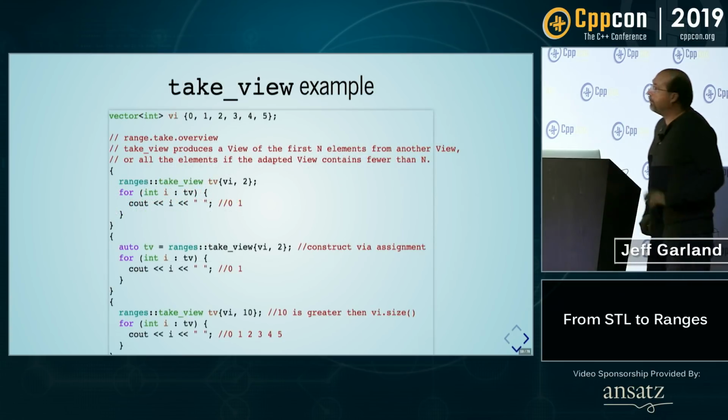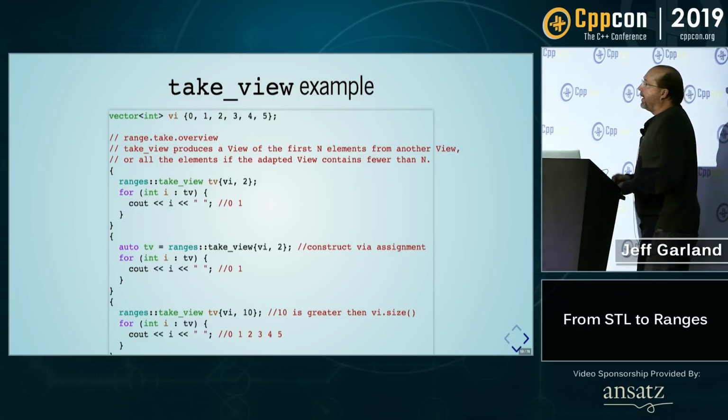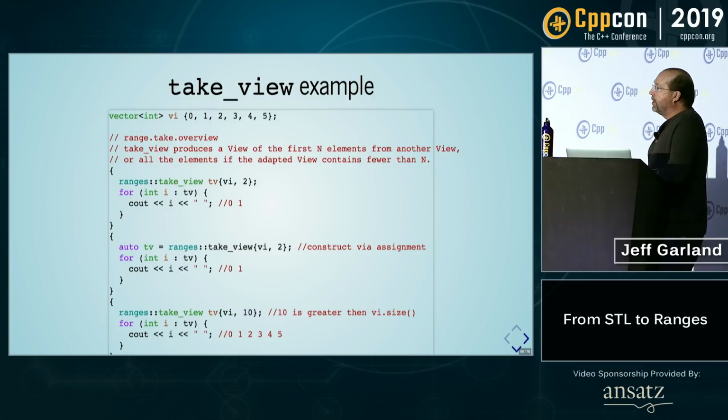Okay, so take view, and again, a little variation on the construction, but take view is essentially going to give you a finite number of elements from a range. So in this case, we're going to take 2 elements from the range. And you can also construct via assignment.